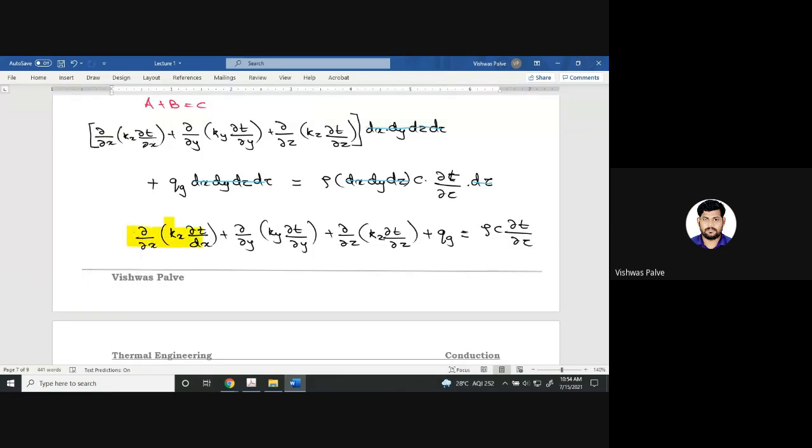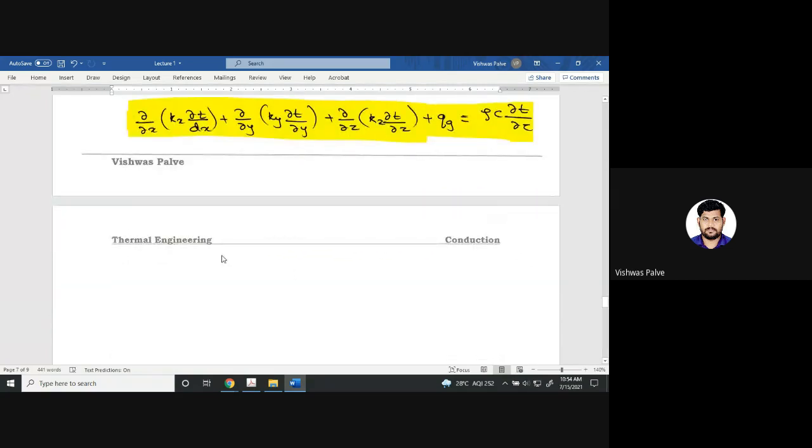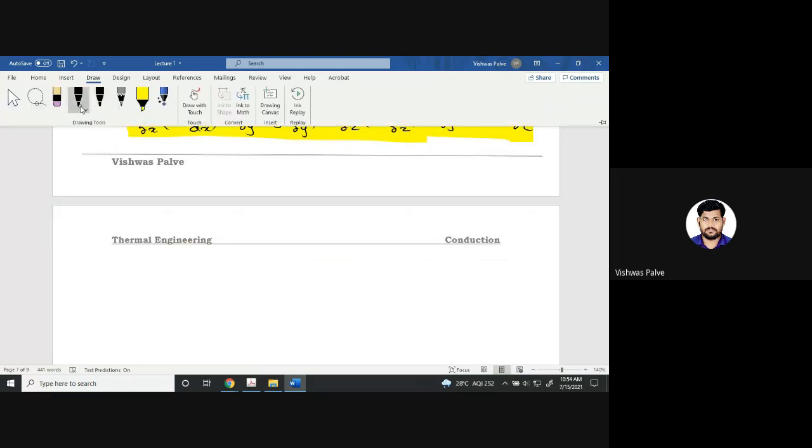So this is called as the general heat conduction equation in Cartesian coordinate for non-homogeneous material.